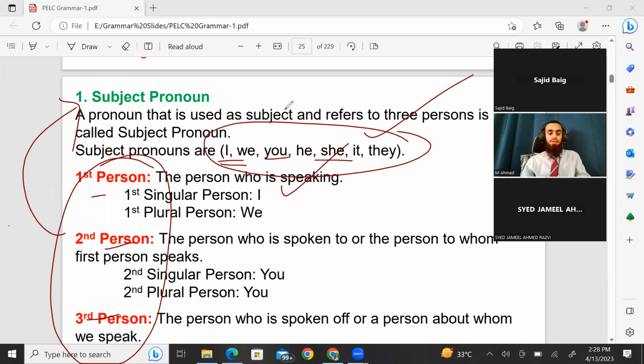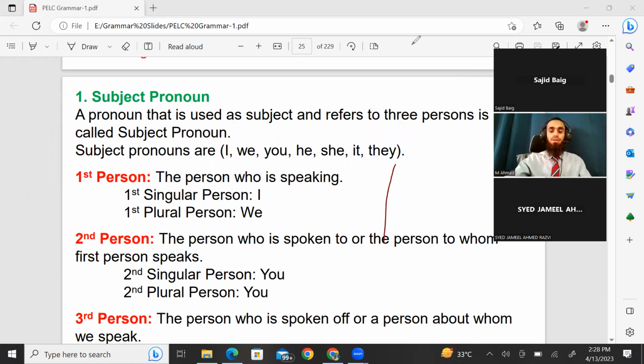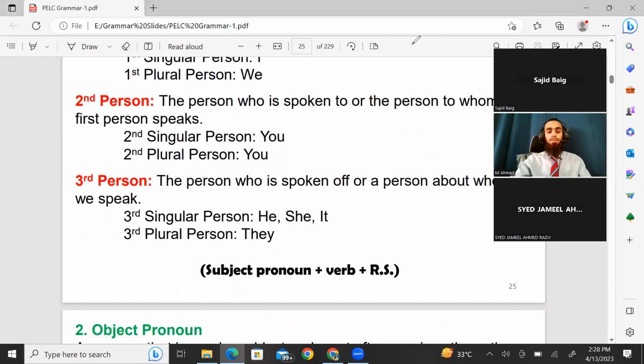But if a person is going to indicate the person who is in front of the speaker, he would use you or your, and that would be considered second person. The second person is the available person to whom we are talking most of the time. And the third person is who is not present in the current situation, but we are discussing that third person.